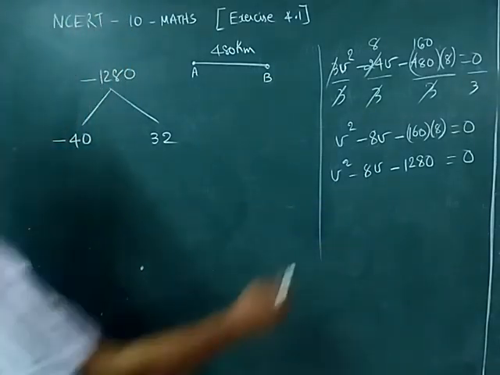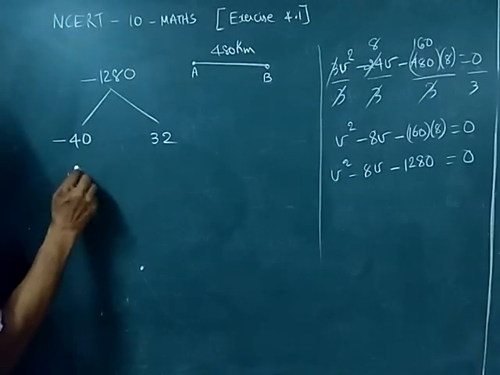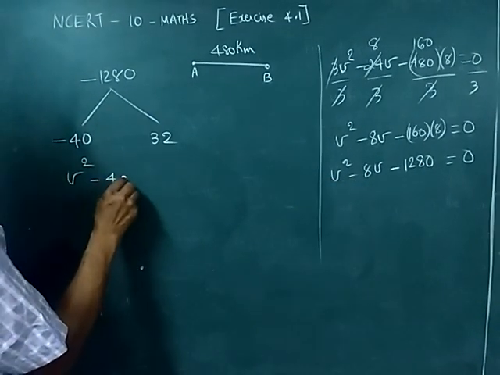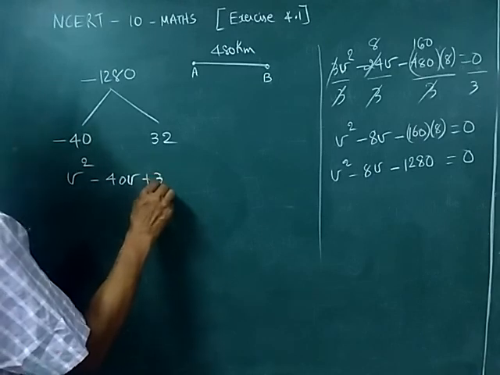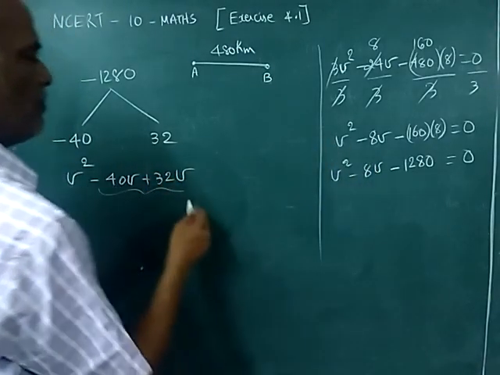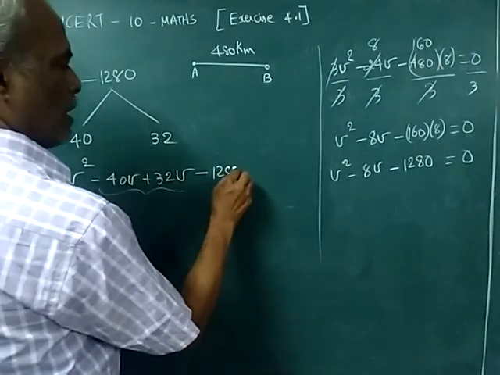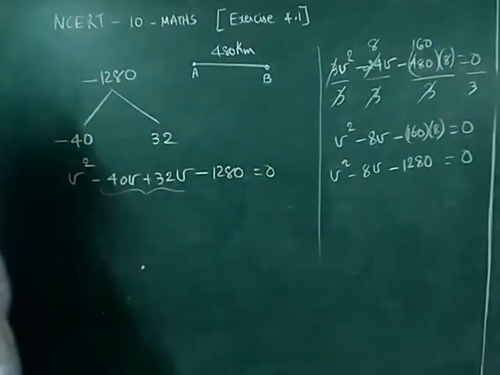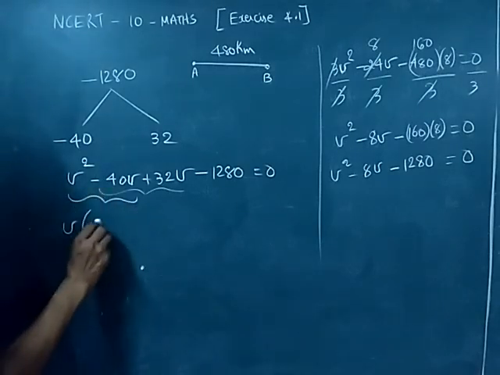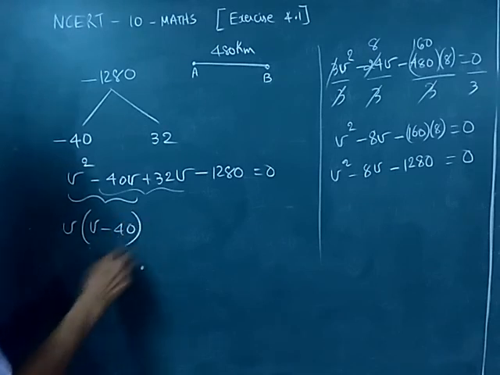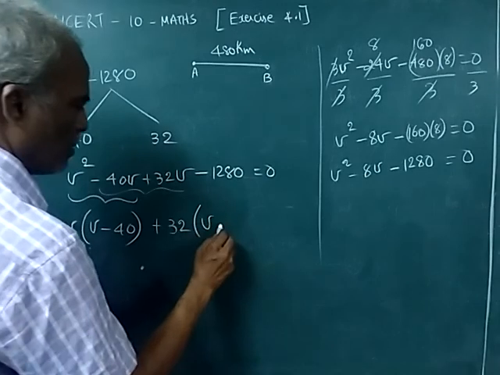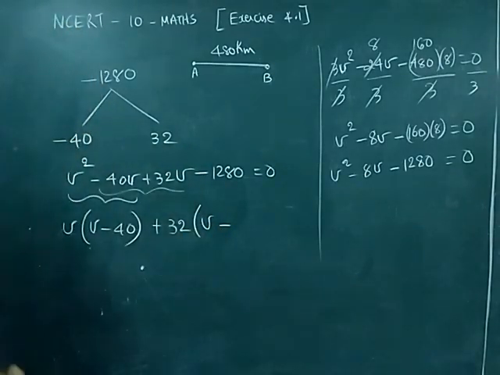Therefore this can be written as V squared, and minus 8V can be written as minus 40V plus 32V. Now if you add, this will give you minus 8V, minus 1280 equal to 0. From the first two, V is the common term: V squared minus 40V, plus 32 into V minus 40.